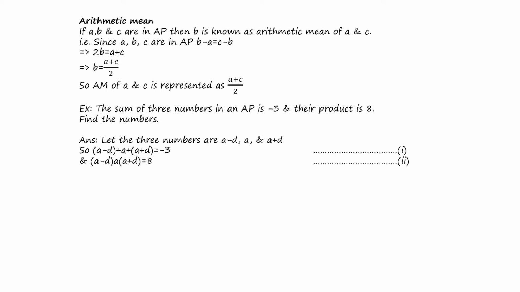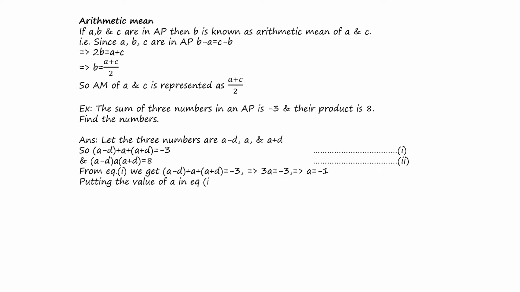Let this be the first equation, and A minus D into A plus D equals 8. Let this be the second equation. So from equation 1 we get 3A equals minus 3, or A equals minus 1.